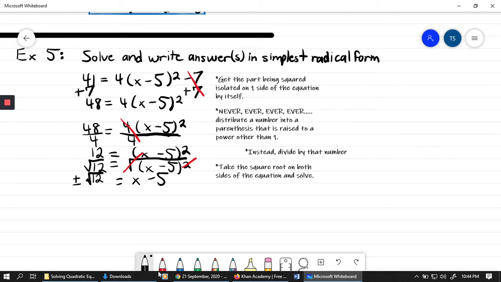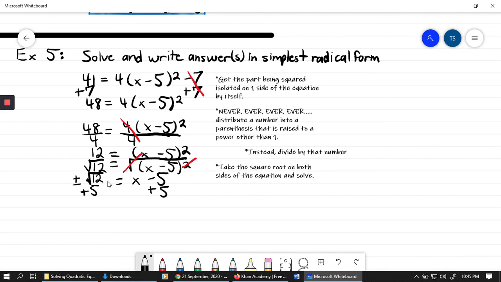Alright, and the only thing that we need to do here to get x by itself is to add 5 to both sides of the equal sign. Add 5 to both sides of the equation. So remember, guys, when we do this, you're not going to be able to just put the 5 and the 12 together like this is 17 somehow. Remember, you can't do that.